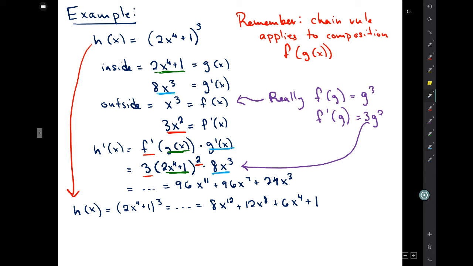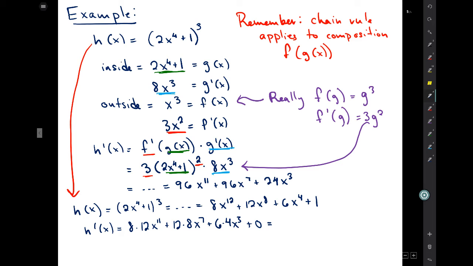And now that polynomial, you can just use your more basic derivative rules to calculate that h prime of x is going to be 8 times 12, x to the 11th, plus 12 times 8, x to the 7th, plus 6 times 4x cubed. I'll write down the plus 0.